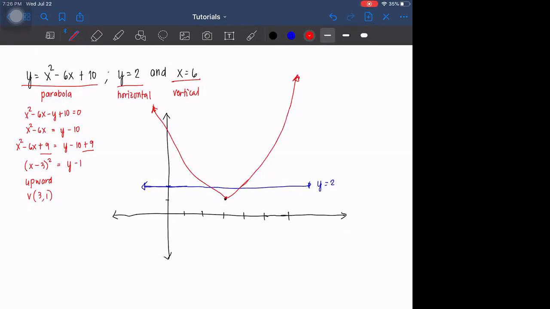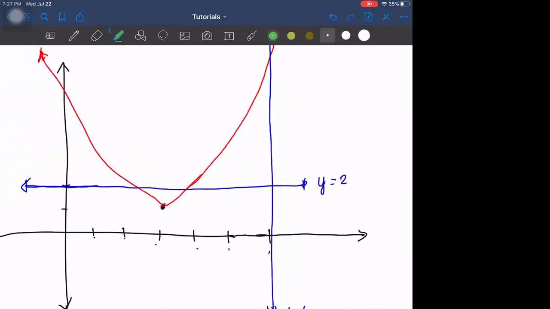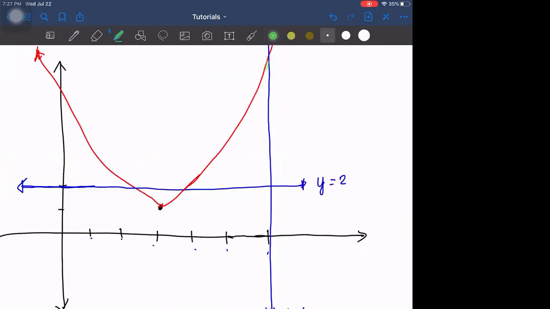Okay, so x equals 6. This is the line x equals 6. So where is the area? This is the area. Okay?